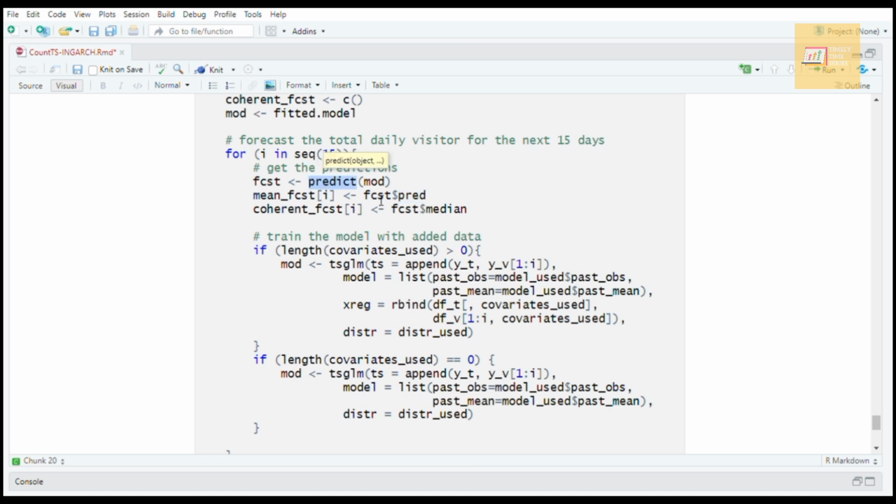So we have the model, and we put it into our predict function, and we will have a list with several names, and by taking the prediction, we take the mean of the forecast. And then we also have the median, and that's what we take to get our coherent forecasting.